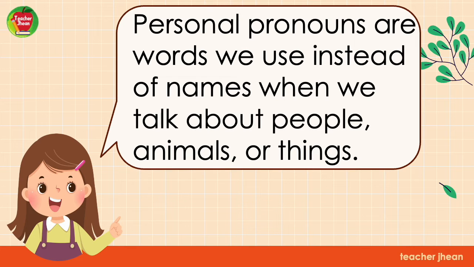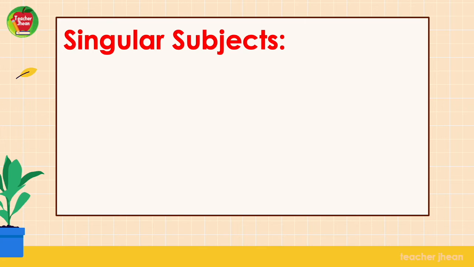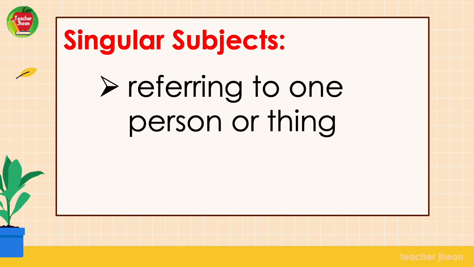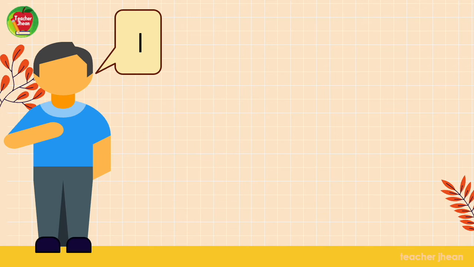Personal pronouns are words we use instead of names when we talk about people, animals, or things. Singular subject pronouns refer to one person or thing. So let us discuss one by one the different singular subject pronouns. I.